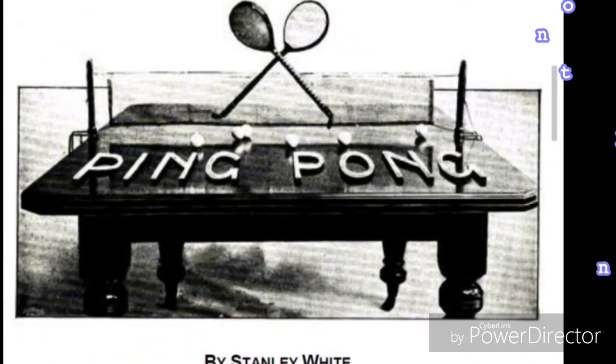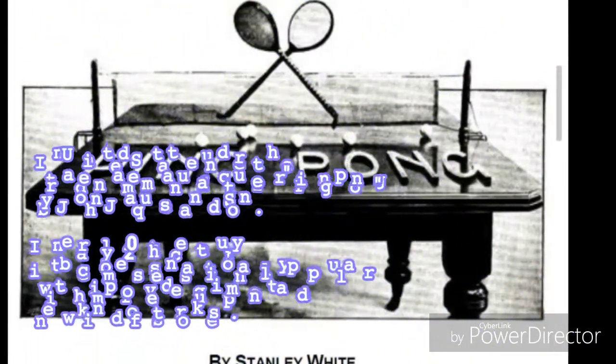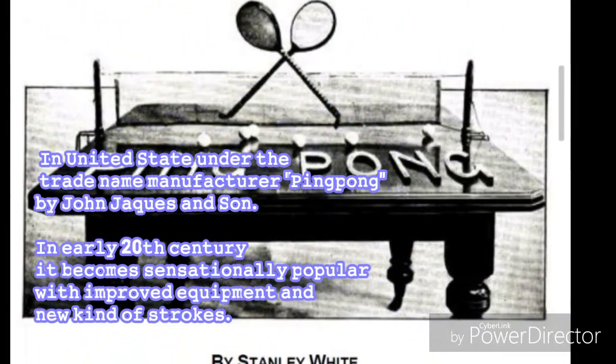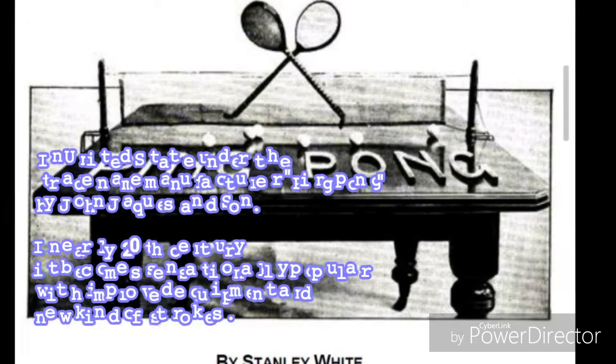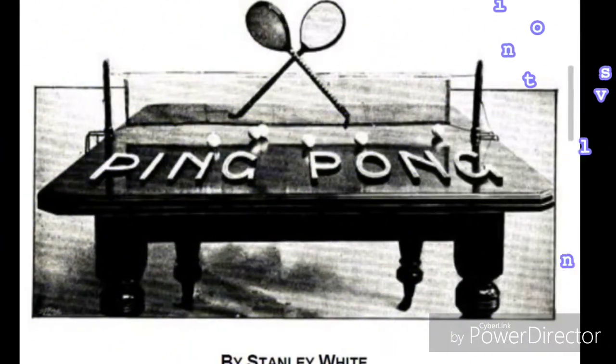In the 19th century, table tennis became popular in England and the United States under the trade name Ping Pong, manufactured by John Jaques and Son. And in the early 20th century, the game became sensationally popular with improved equipment and new kinds of strokes.